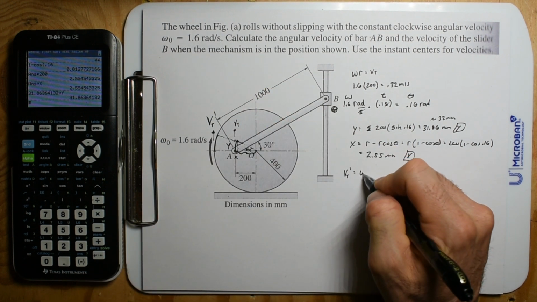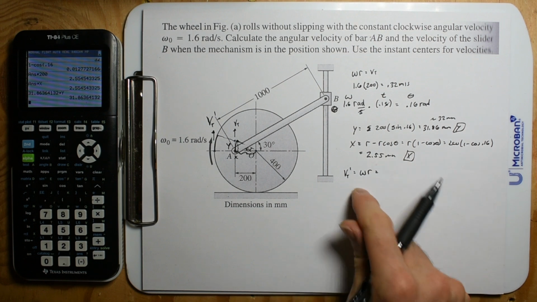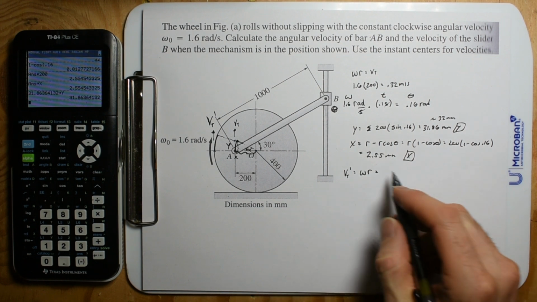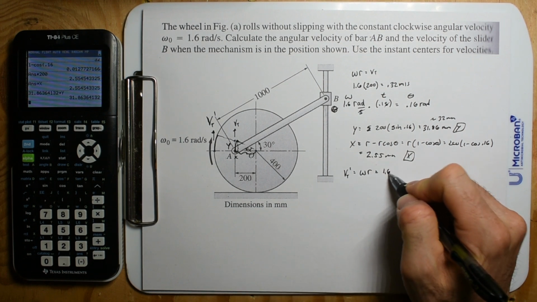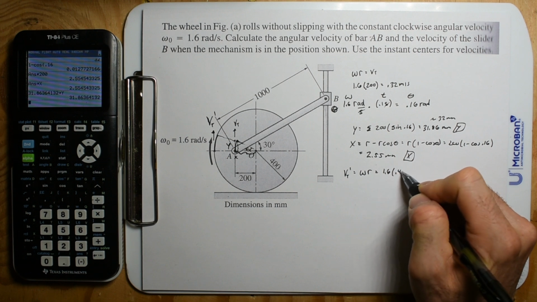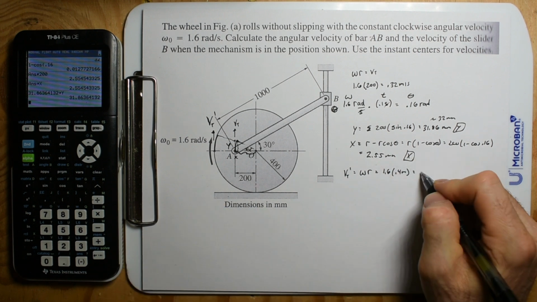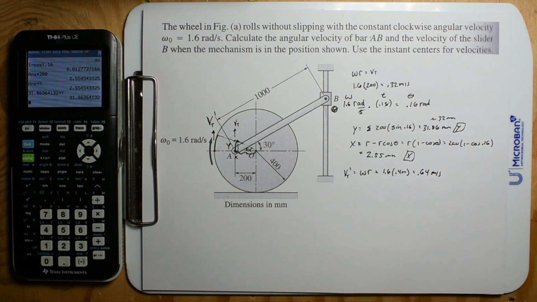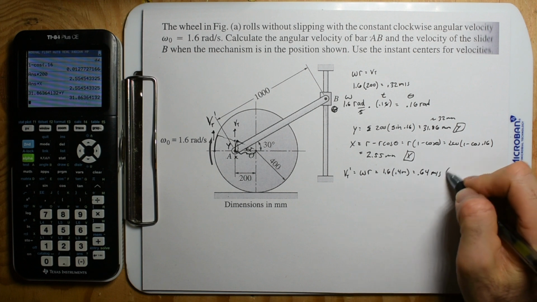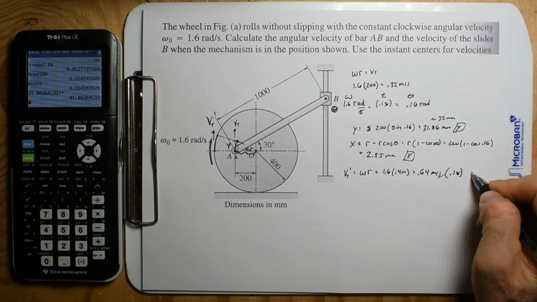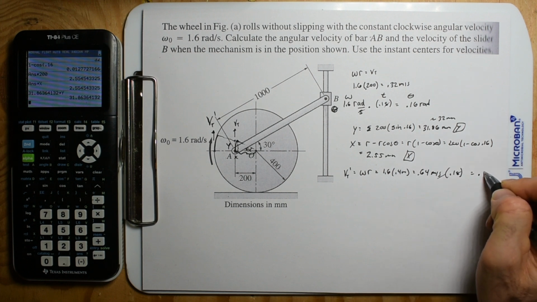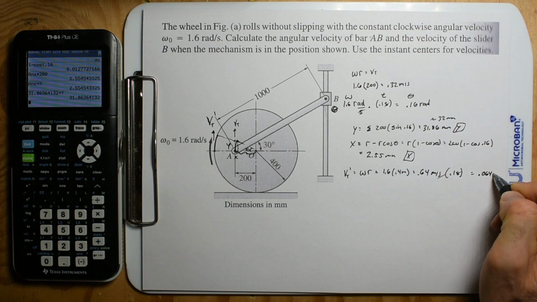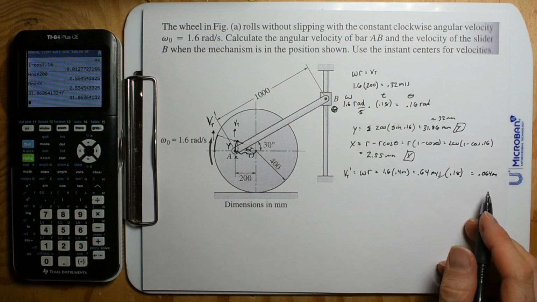Velocity tangential prime is omega times r. Radians per second times radius is tangential velocity, so we got 1.6 times 0.4 meters. And that's going to be 0.64 meters per second. And then we're going to run it for a time of 0.1 seconds. Units cancel, and we got 0.064 meters. I don't even think that's what we wanted.